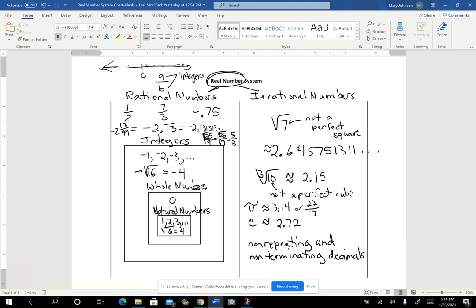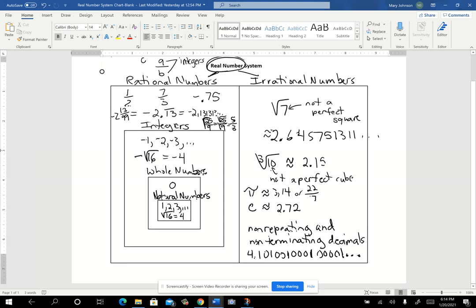And then you also can have a decimal as long as that decimal keeps going and doesn't repeat. So like, how about 1, 0, 1, 0, 0, 1, 0, 0, 0, 1. See what I'm doing with those zeros? I'm increasing the number of them, which allows me to tell you to follow that pattern, but there's not a block of digits that gets repeated.